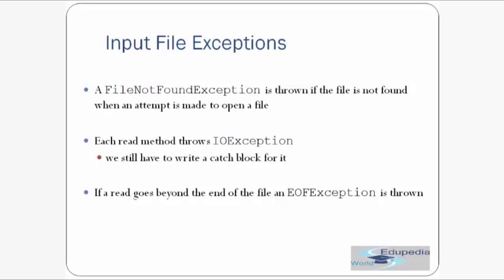If you're trying to read something from the file and there is no content, or there is some other problem, or it's not opened in a proper read mode, then it is going to throw an IOException. We will have to write a catch block for it because we have to handle this IOException. Then, if a read goes beyond the end of the file, an EOFException is thrown. EOFException is the end of file exception, which means your file has ended, but you are still trying to read it, and then it will give you an end of file exception.